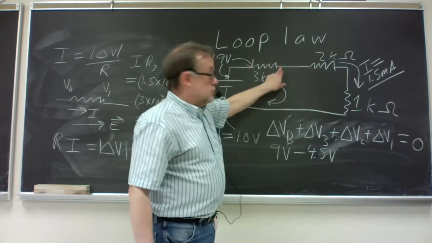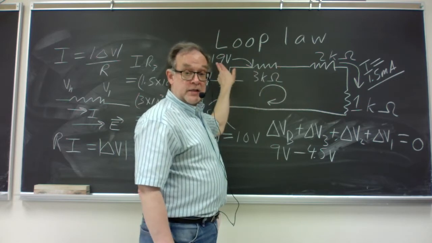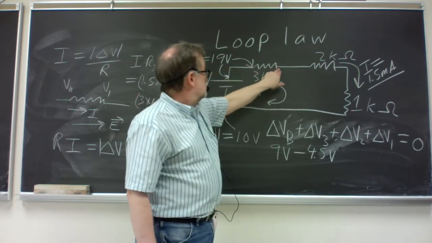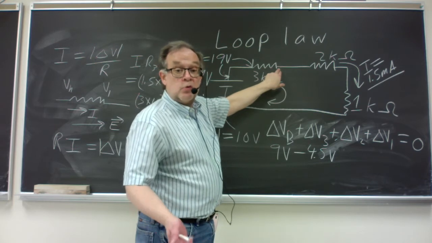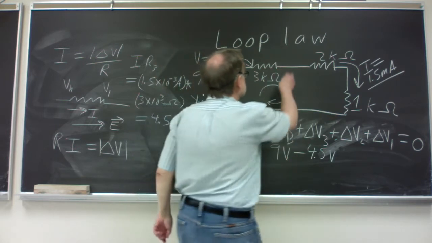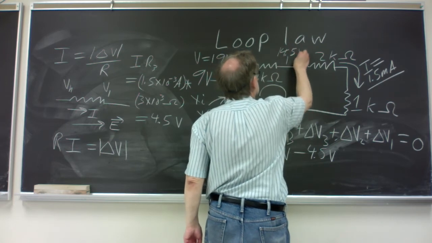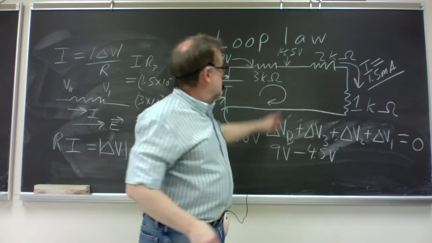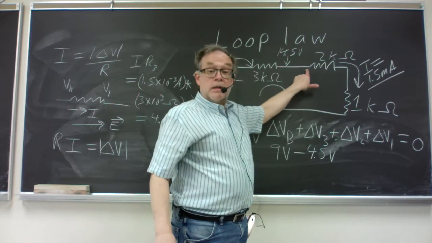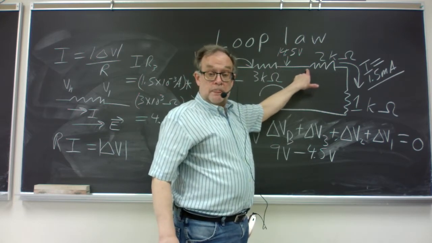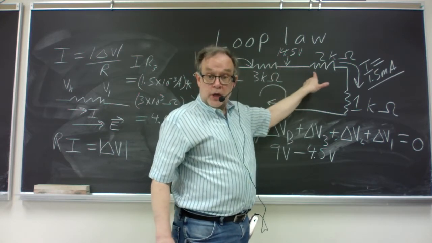Which means the potential here is 4.5 volts less than it was here, so the potential here must be 14.5 volts. And because that's ideal wire, it's the same potential all the way through that wire.